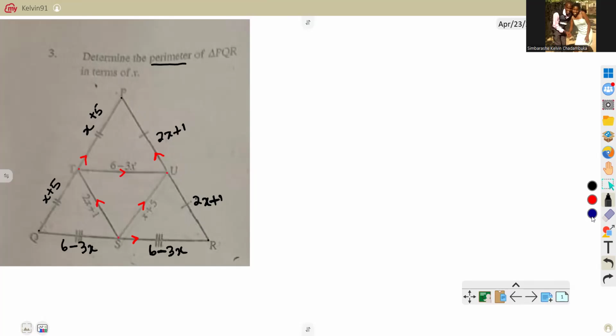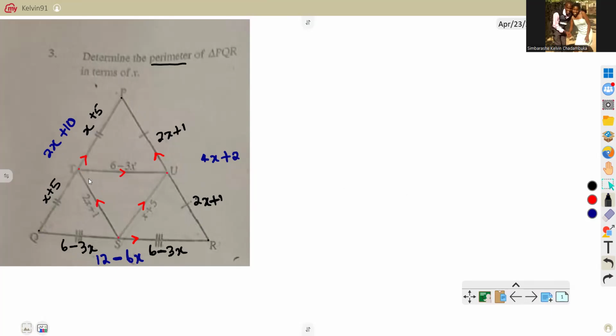If you add those two, we get 4x plus 2. Then on this side, adding this and this, we get 12 minus 6x. On the other side, this and this, you get 2x plus 10 for the entire side.